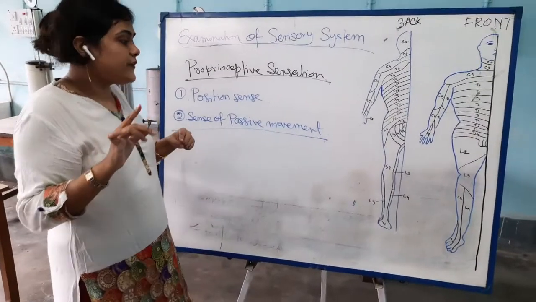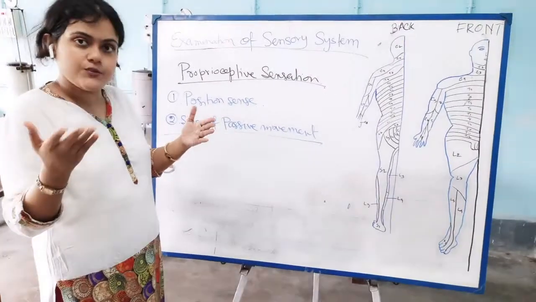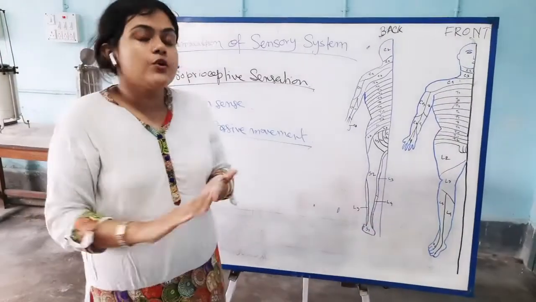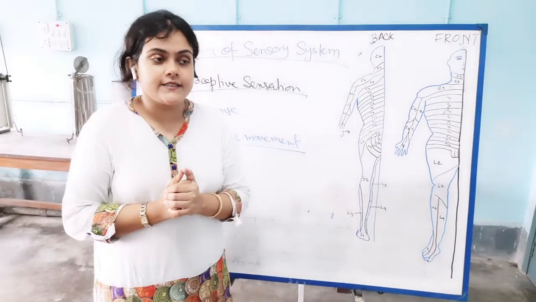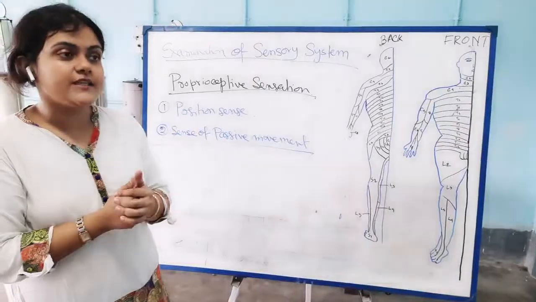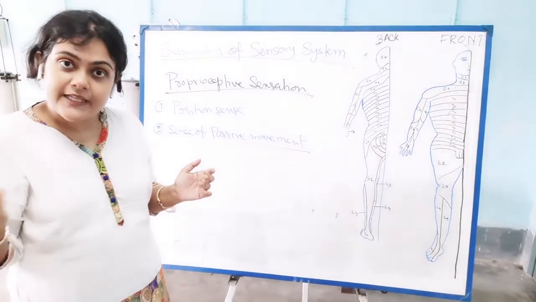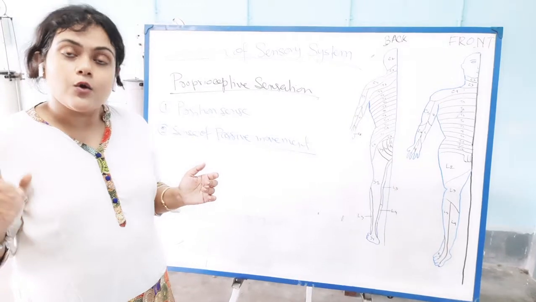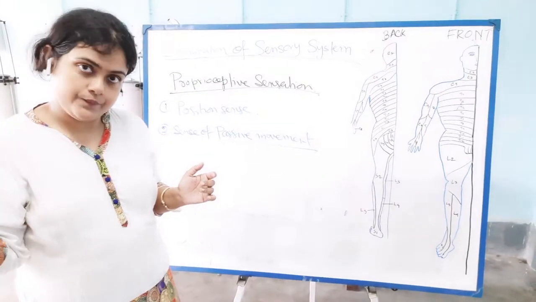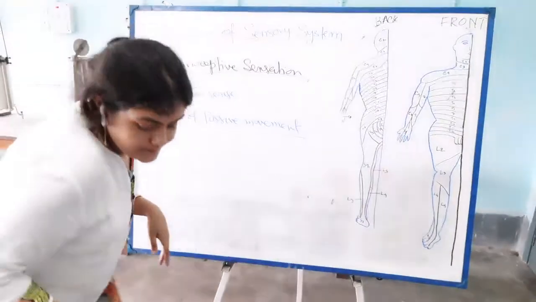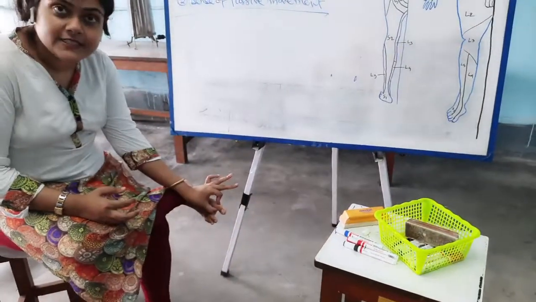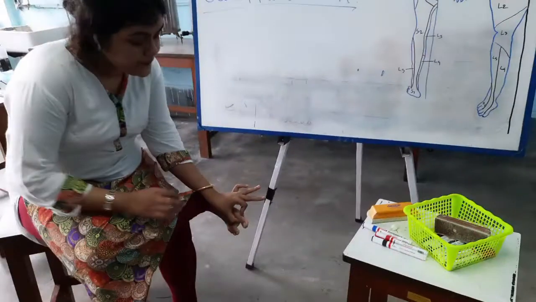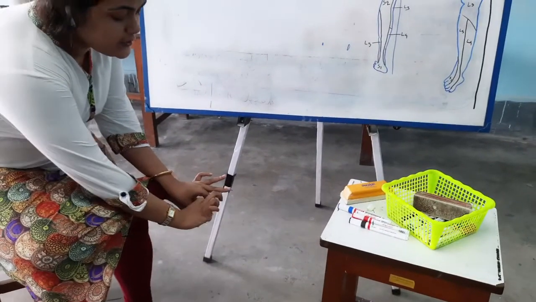And obviously during examination his eyes will be closed. So during examination just ask him to close his eyes, and what will be your question? Can you feel any movement? If yes, what's the position of the digit now? If you are considering the great toe, at first just fix it, and initiate your movement.